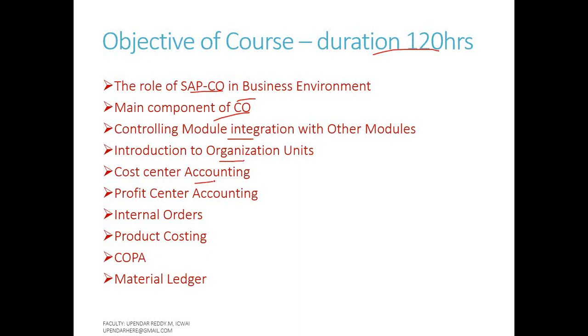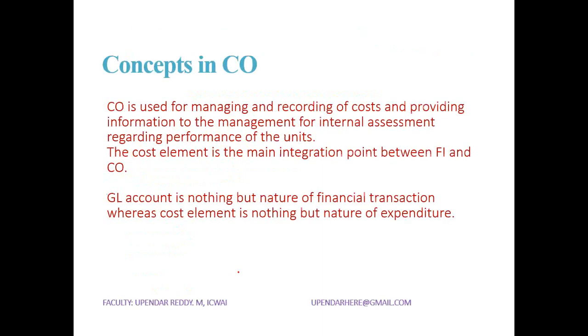The different sub-modules and subtopics in controlling are cost center accounting, profit center accounting, internal orders, product costing, controlling profitability analysis, and also material ledger. We are going to cover all of this one by one.